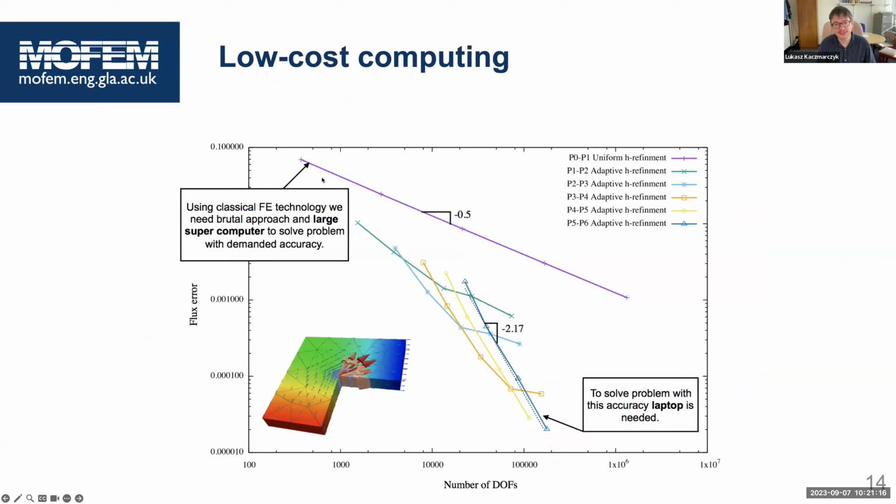When I solve the problem classically, I have this convergence rate, and I start to have several millions of degrees of freedom. But when I do hp adaptivity, I can end up with a problem which has 10,000 or 20,000 degrees of freedom. So why is that important?